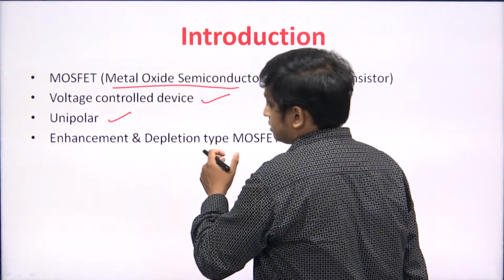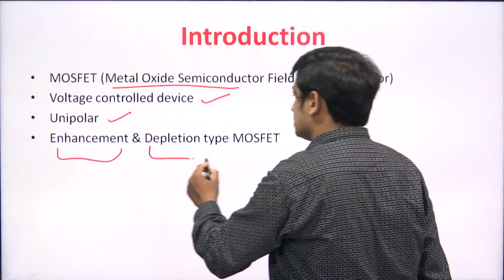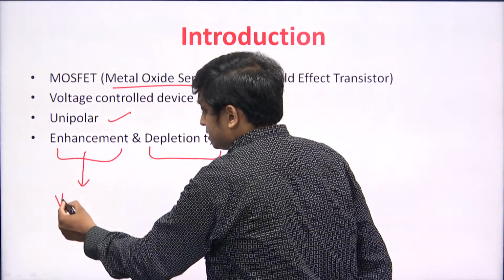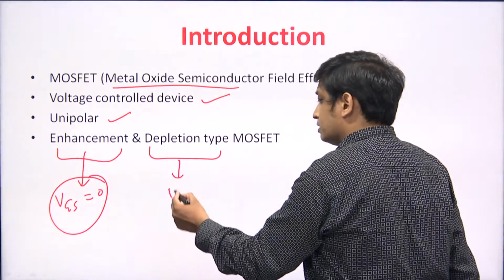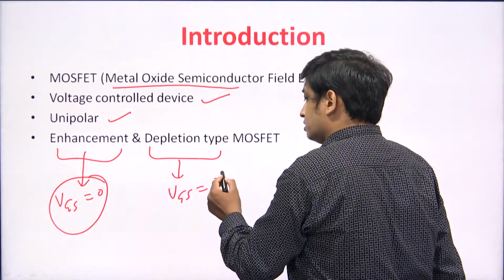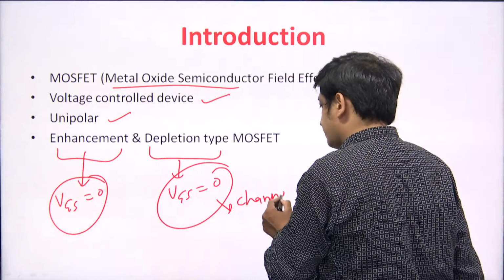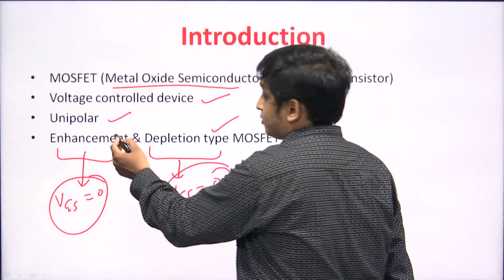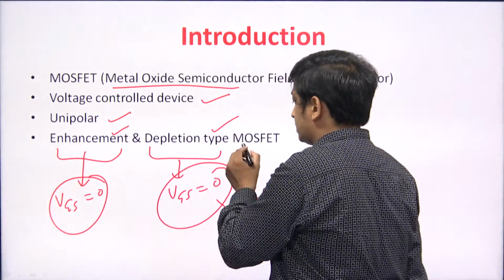So, MOSFET has been categorized into two main parts, one is enhancement and another one is depletion. In enhancement type MOSFET, at VGS equal to 0, there is no channel, but in depletion type, even at VGS equal to 0, the channel exists.